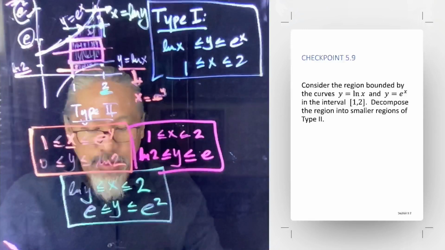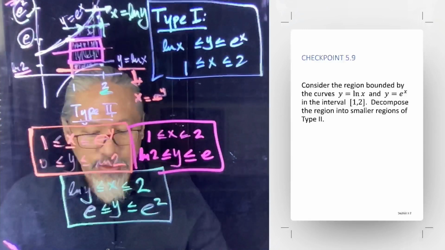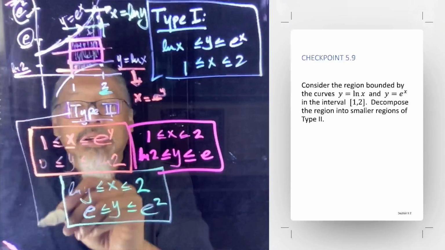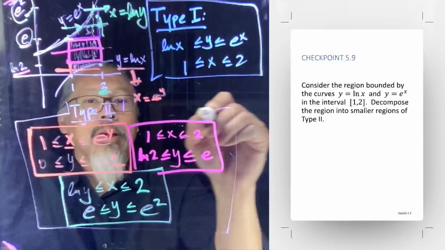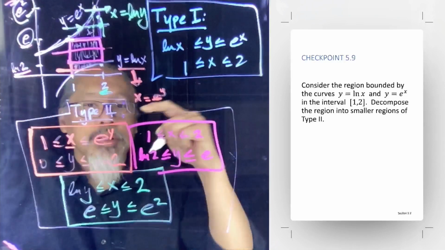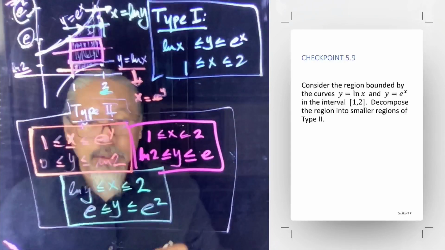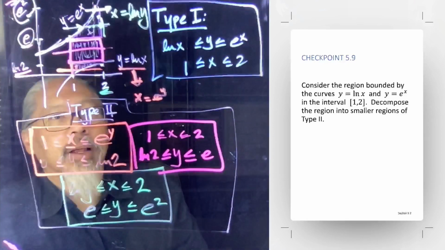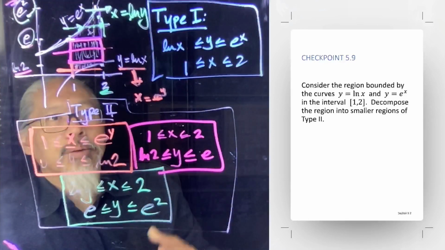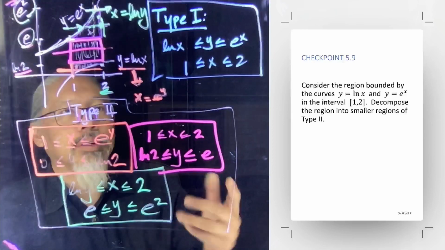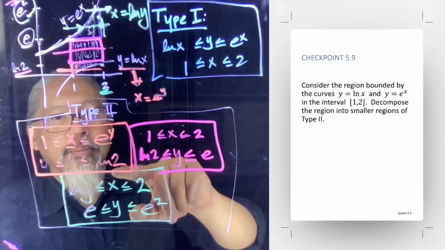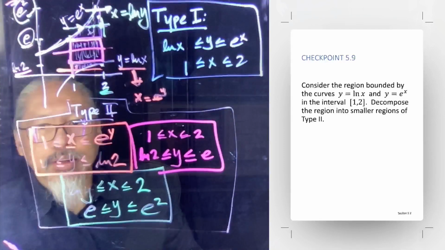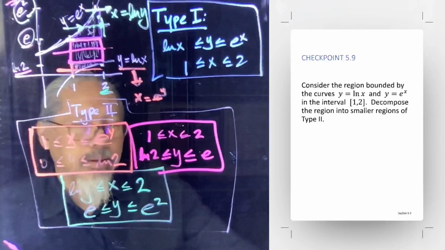Now, if we were to decompose this into type 2 regions, we'll have to actually decompose it into 3 different regions to capture the same thing that we could do in one region. So I think this is a good exercise in figuring out how the region might look, and how in some ways it's a lot better to do it as one type versus another type. And it really depends on how your graph looks. All right, I hope this helps.